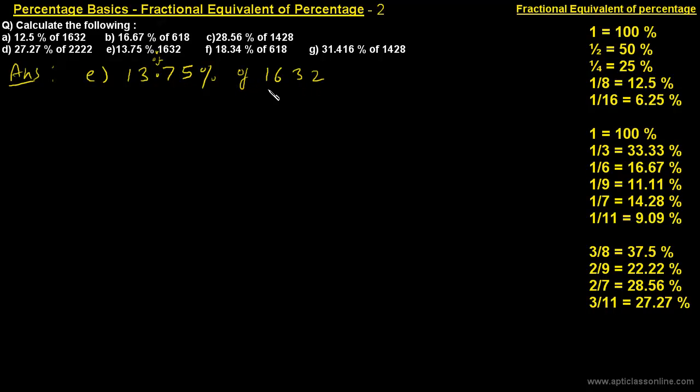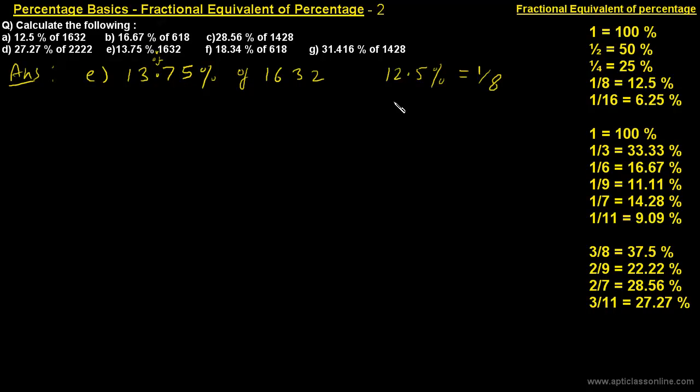So we have to find 13.75% of 1632. We will first see which common fractional equivalent 13.75% is closer to. We see that 1 by 8 is equal to 12.5%. Obviously 13.75% is somewhat bigger than this number. How much bigger?